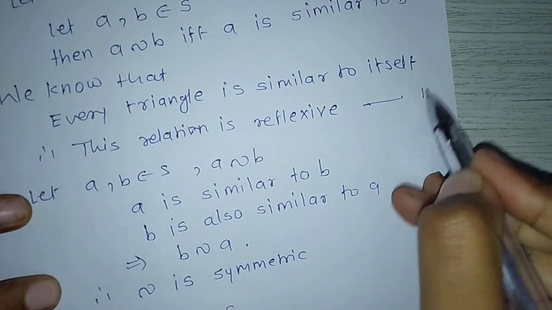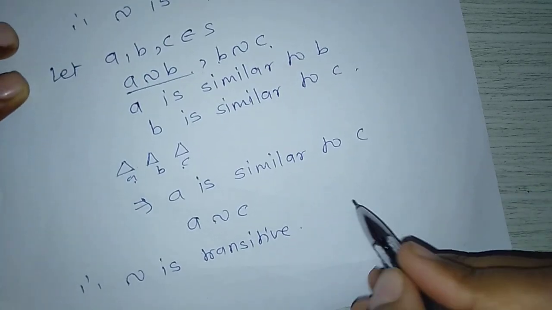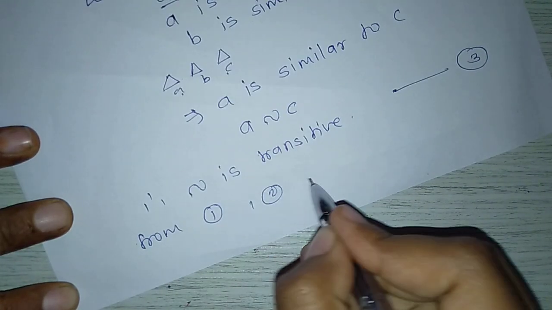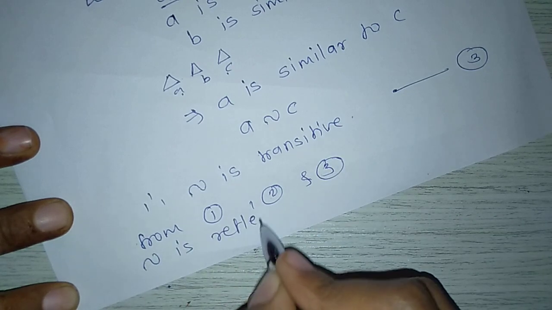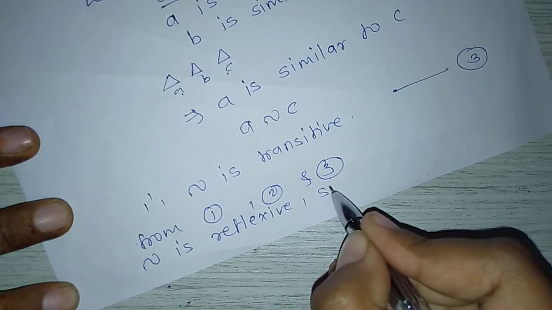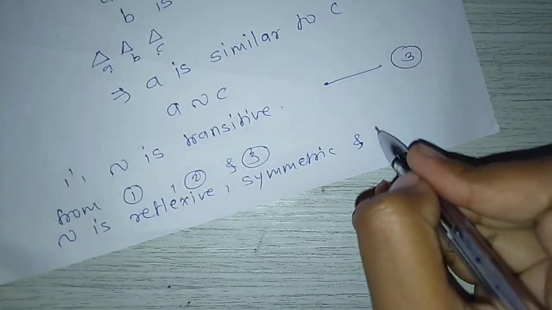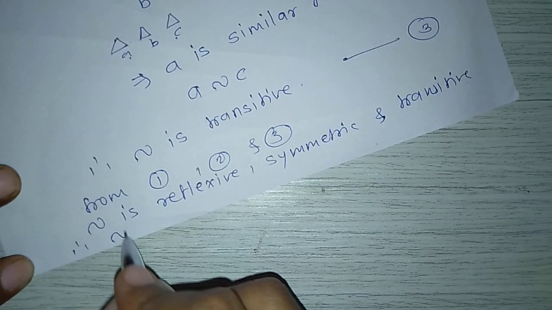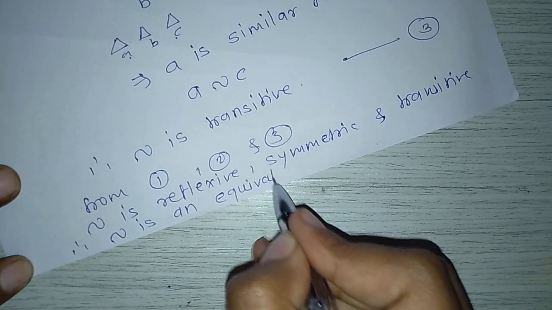For reflexive, call it equation number 1, symmetric equation number 2, and transitive equation number 3. From 1, 2 and 3, tilde is reflexive, symmetric and transitive. Therefore, tilde is an equivalence relation.